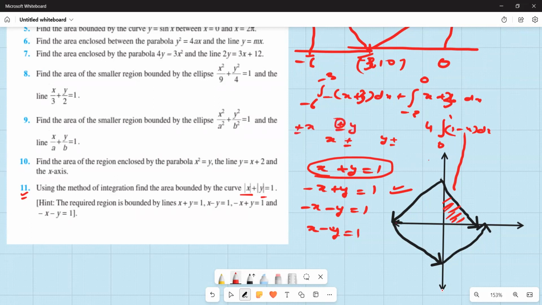So first take both plus, then minus plus, then minus minus, and then plus minus according to the 4 quadrants. So you will get this figure, and this point is 1, 0. This is 0, 1. This is minus 1, 0, and this is 0, minus 1. So you are finding 4 times this area, and you will get the answer.